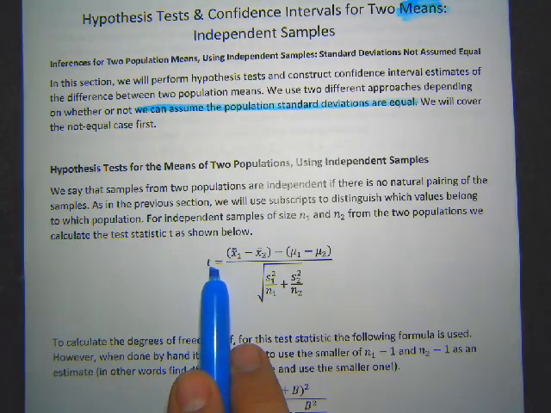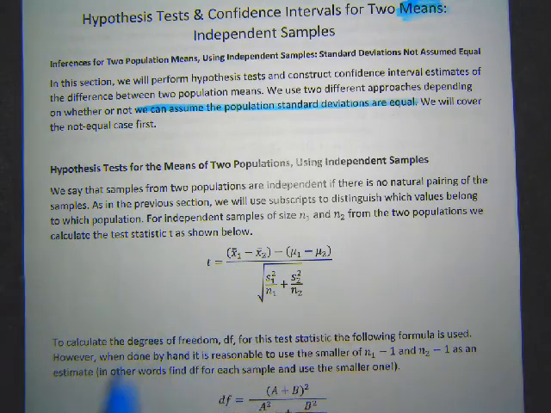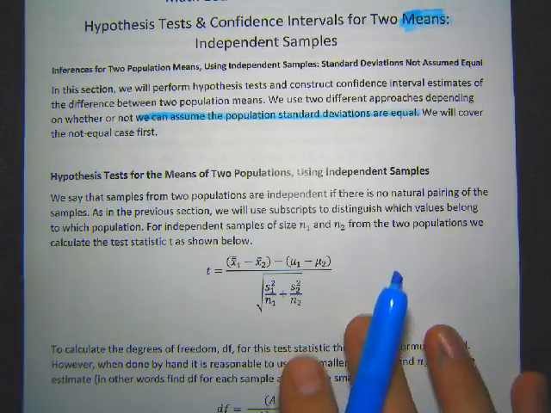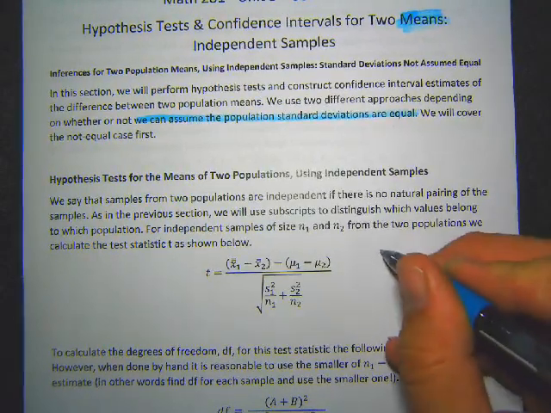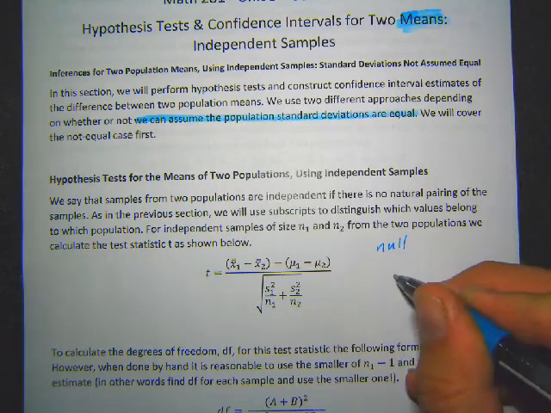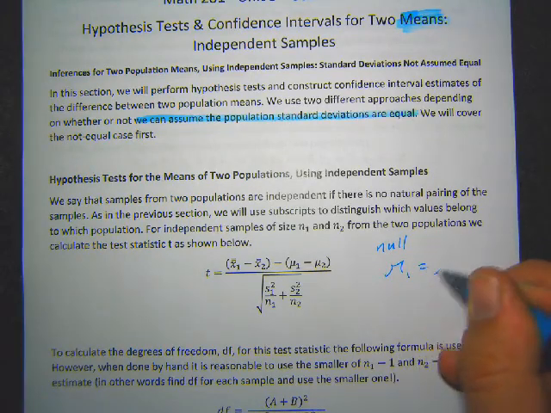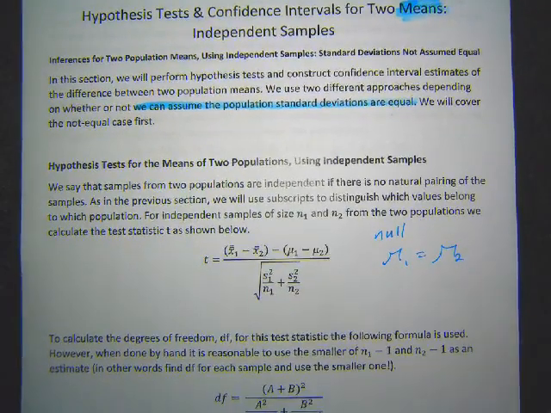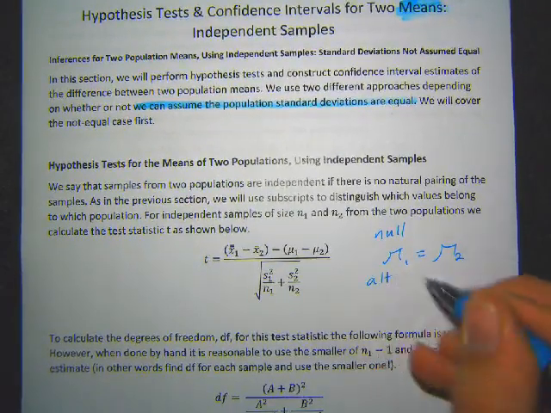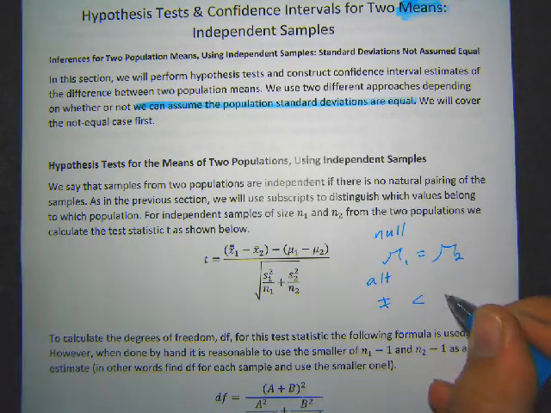We are going to assume that we don't know the standard deviation, so sigma is unknown, so we're still working with t-scores. We've seen in the past that means are always t-scores, while proportions tend to be z-scores. Just like before, the null hypothesis will be that the means are equal, and the alternative would be that they are not equal to, less than, or greater than.